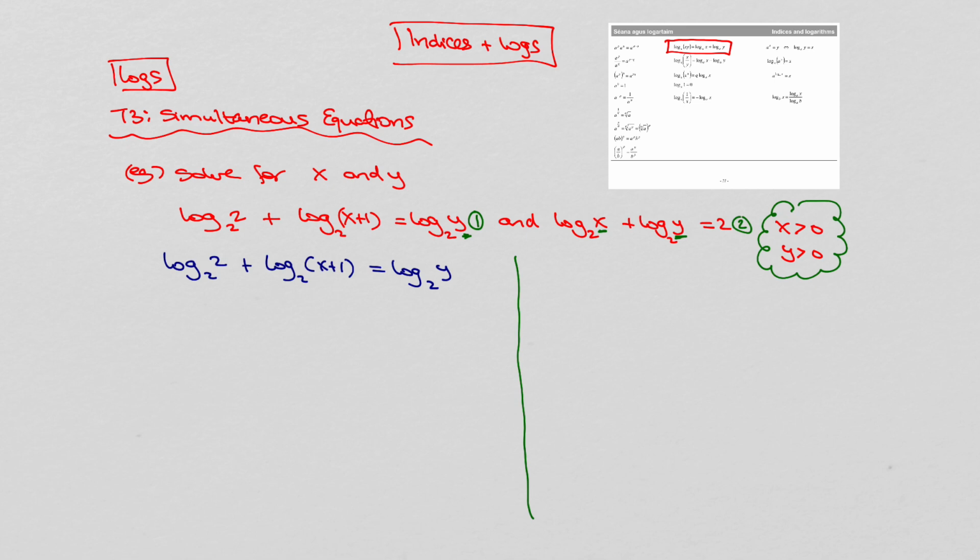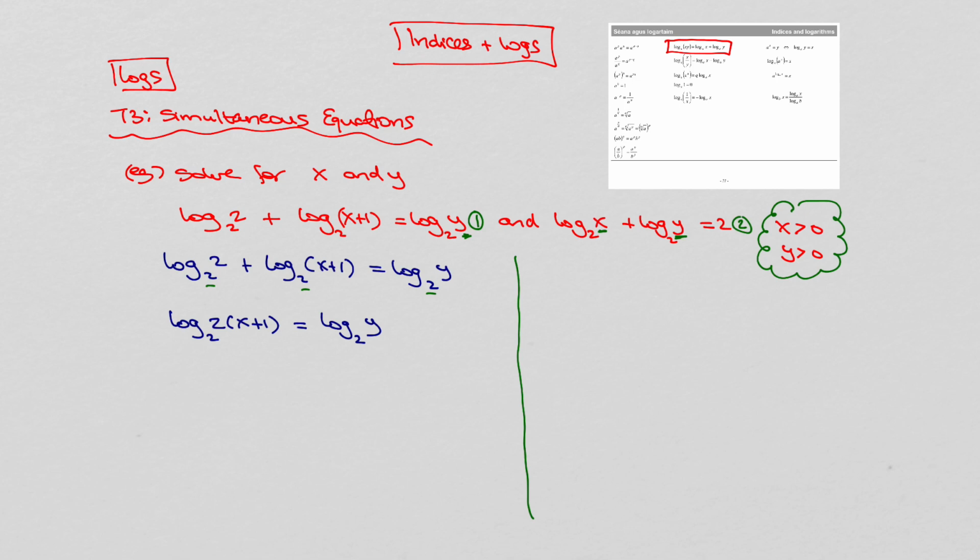So therefore that's going to become log 2 times x plus 1 to the base 2 equals log y to the base 2. And of course I should have reminded us that we have to check the bases are the same on both sides before we can apply those rules. And of course I can see that they're all to the base 2.